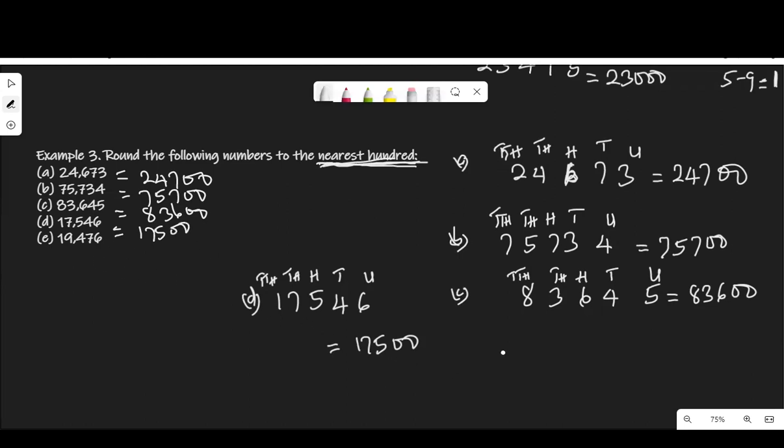Lastly, 19,476. Unit, tens, hundred. Okay, I'm rounding to the nearest 100. There's no need of writing the remaining one. So the digit in 100 position is 4. The next digit to it is 7. 7 is in this range, so it's going to round to 1.